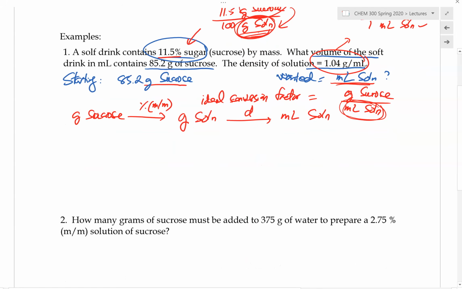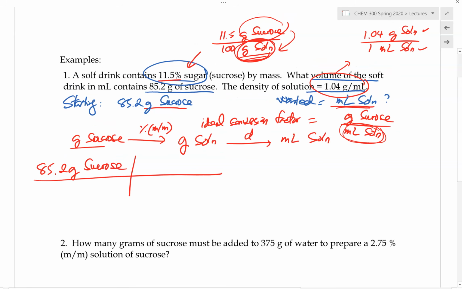Now putting all of this together, let's set up the conversion pathway. We are starting with gram of sucrose, and the exact value is 85.2 gram of sucrose. First we use the percent by mass to convert from gram of sucrose into gram of solution.